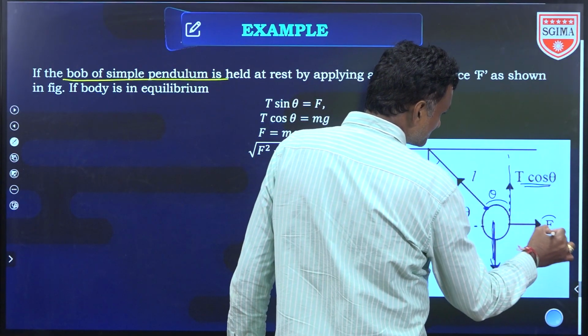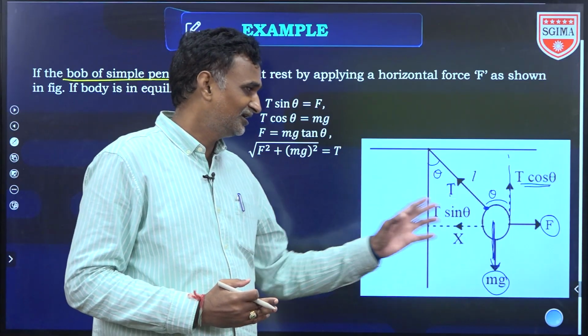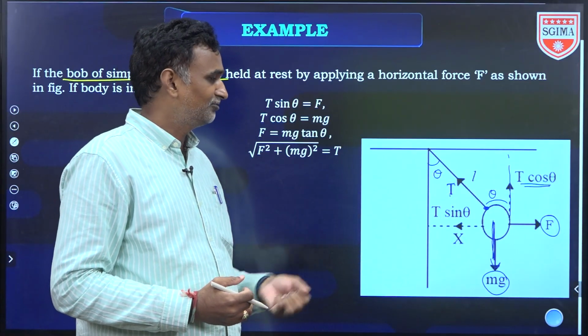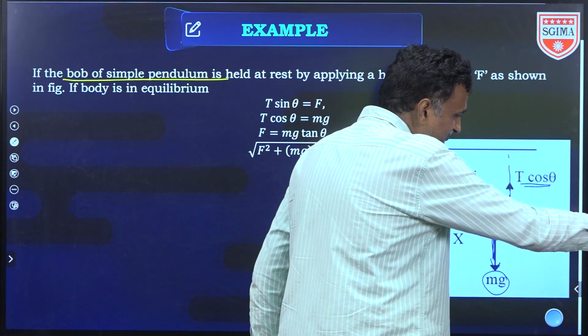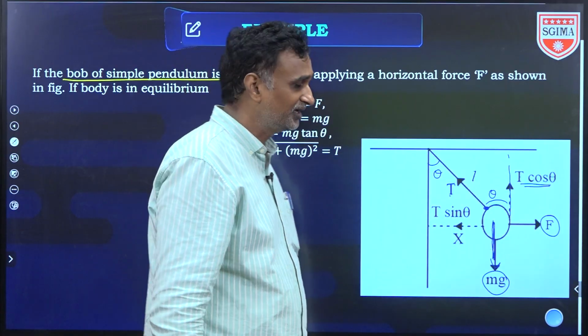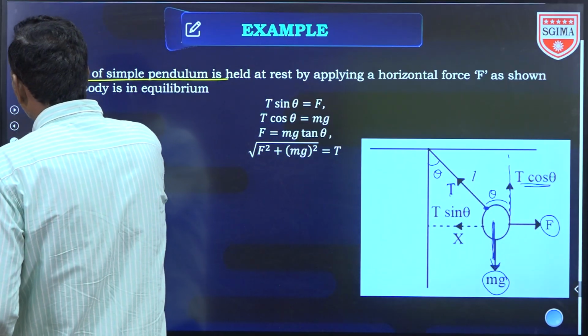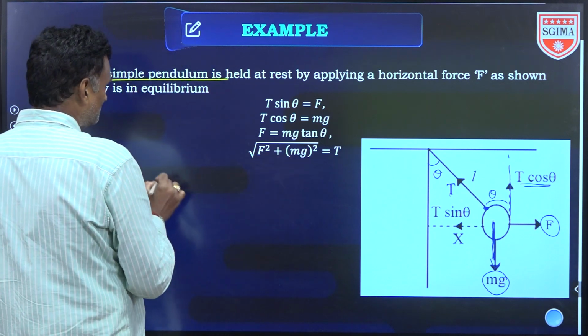And on the right side there is the applied force. A person is applying force horizontally to the right to keep it in equilibrium, pulling to the right. In that case it is in equilibrium. So now along the x-axis the forces sum to 0.